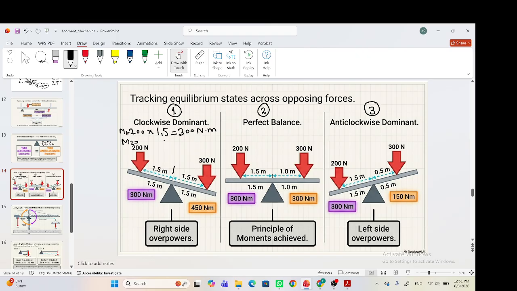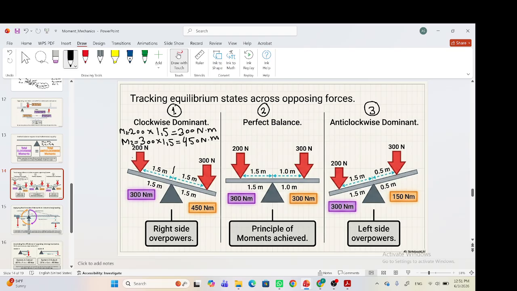We have the force of 300 newtons multiplied by the distance 1.5. If we multiply 300 by 1.5, it will be equal to 450 newton meters.